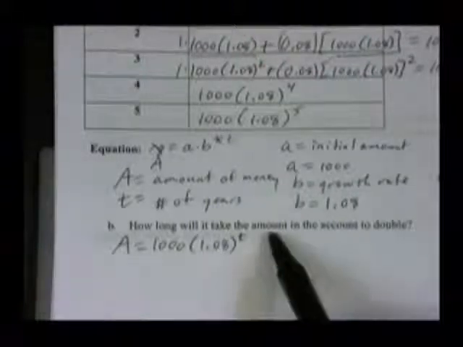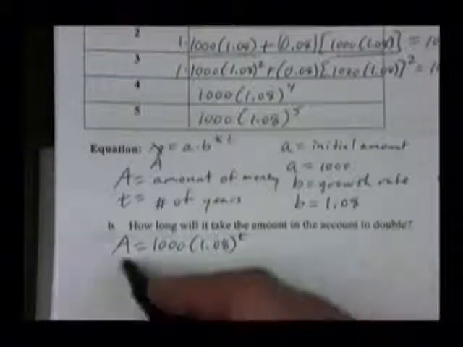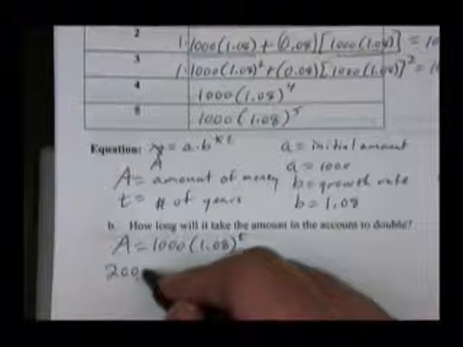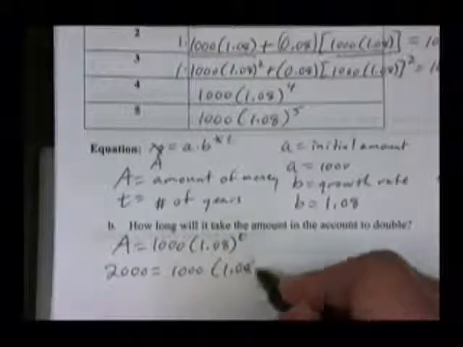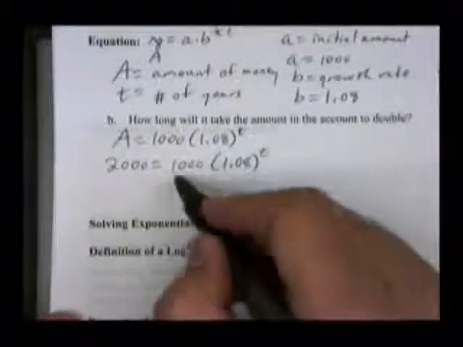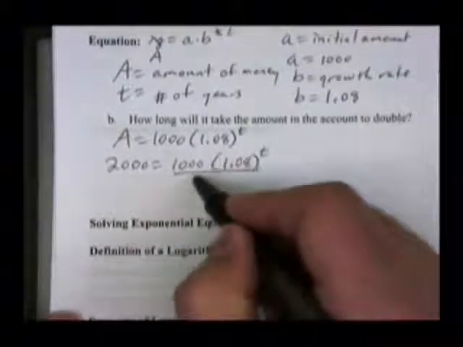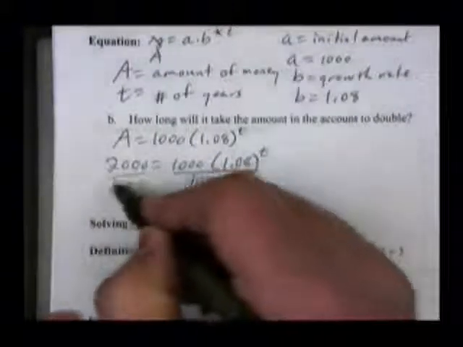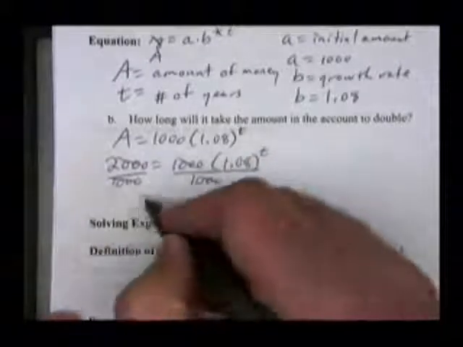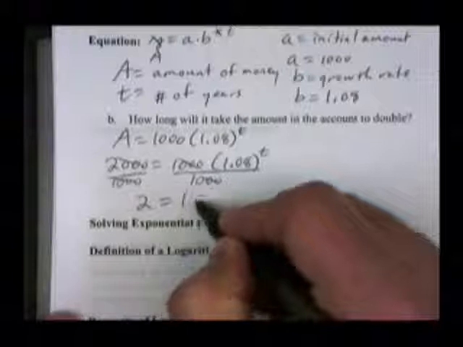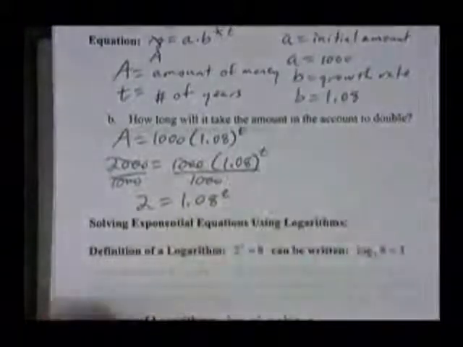And if I want to know how long it's going to take the amount in the account to double, my A is going to be 2,000. And now I need to solve that for t. So let's just do what would naturally be our inclination. First thing would be to divide both sides by 1,000. And that gives us 2 equals 1.08 to the t.